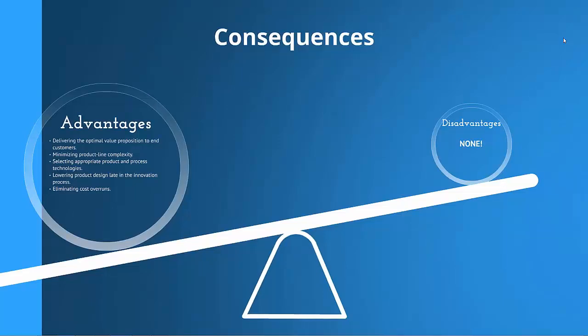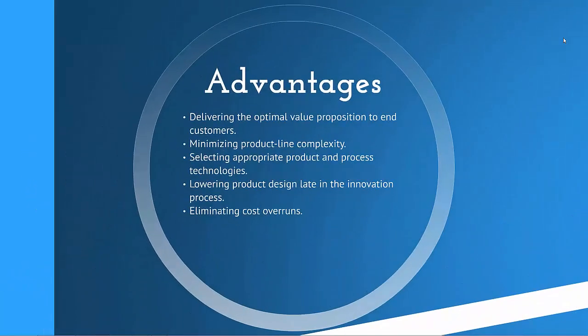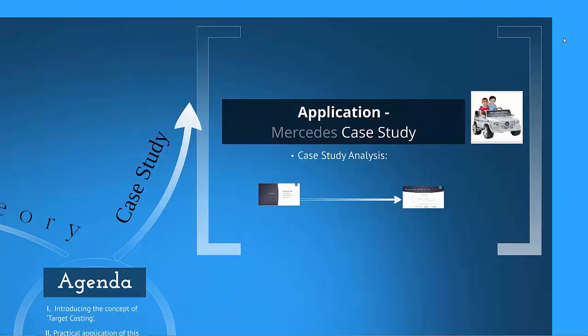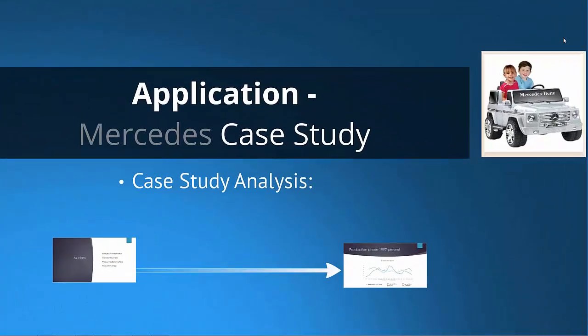The main advantages of target costing are: target costing delivers the optimal value proposition to end customers while simultaneously eliminating cost overruns, selecting optimal product and process technologies, and minimizing product line complexity.